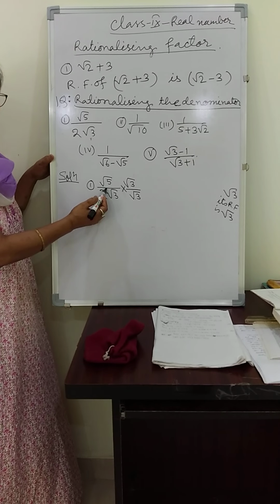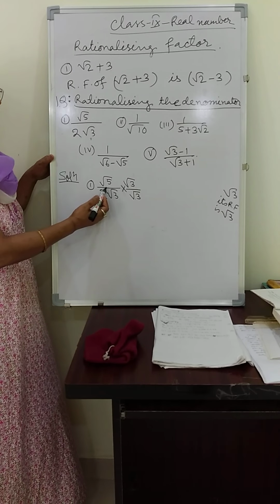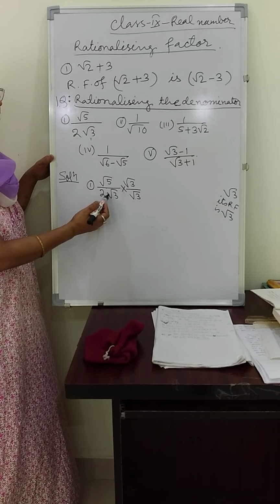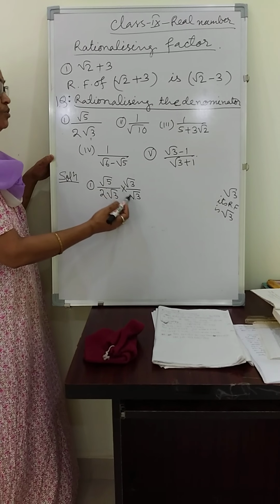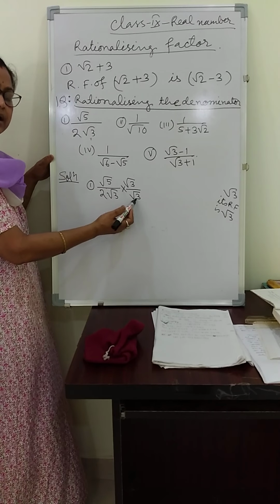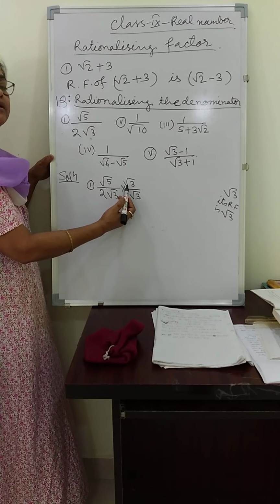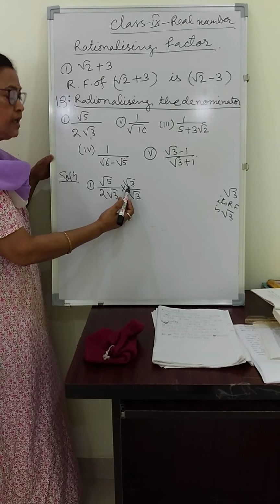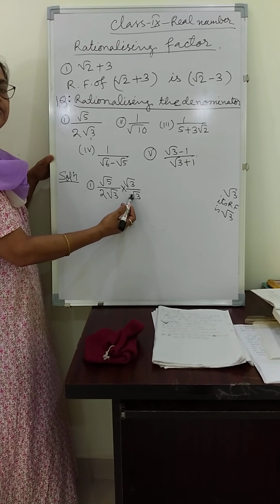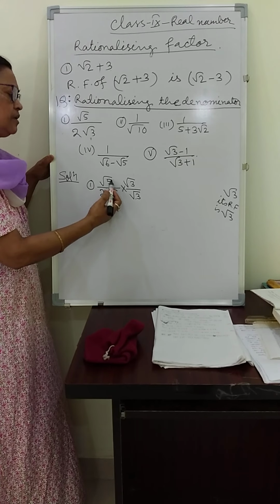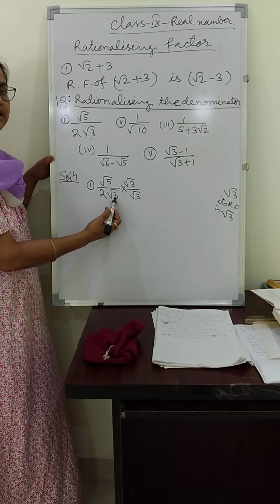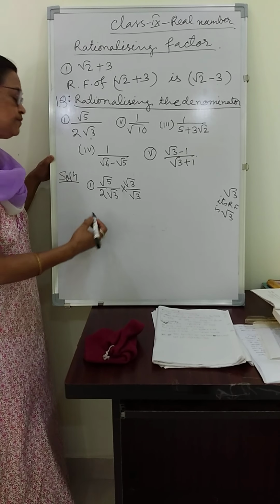So remember that if in a fraction you multiply the denominator by any number, you have to multiply the numerator by the same number, because after cancellation we will get a 1, and any number multiplied by 1 never changes.